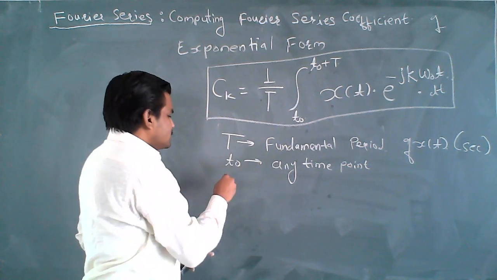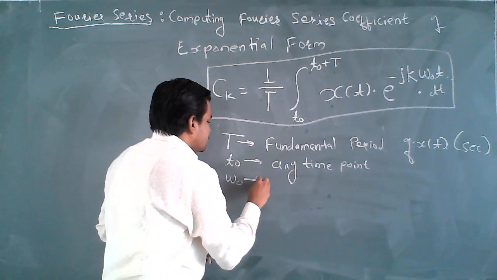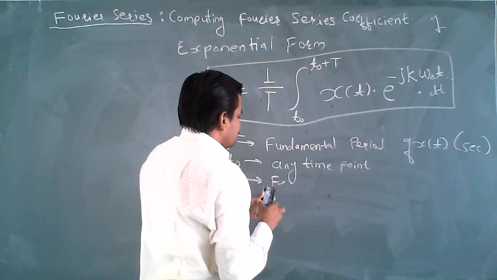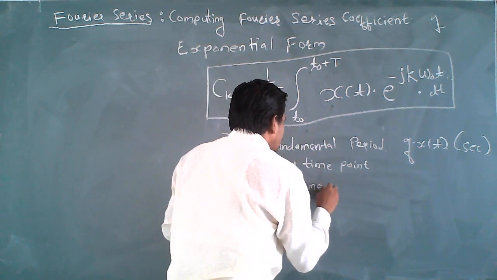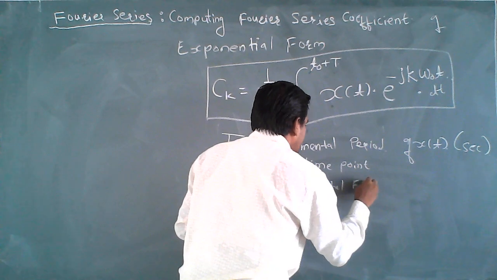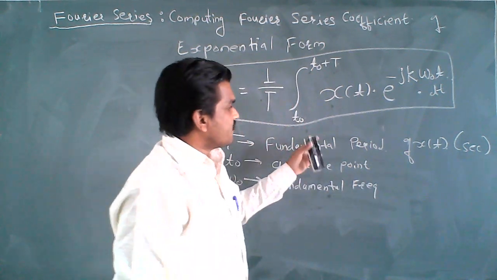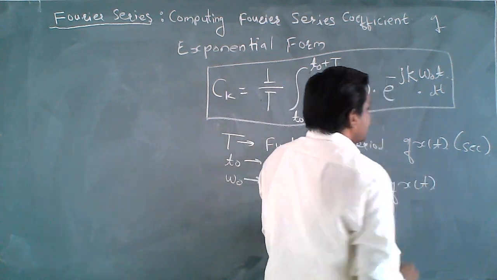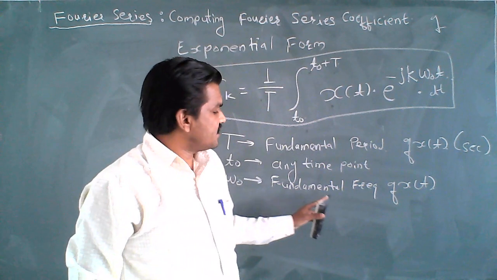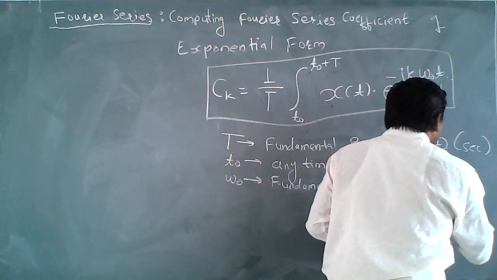Now the next term is omega 0. Omega 0 is nothing but the fundamental frequency of x of t, and the unit of omega 0 is radian per second.